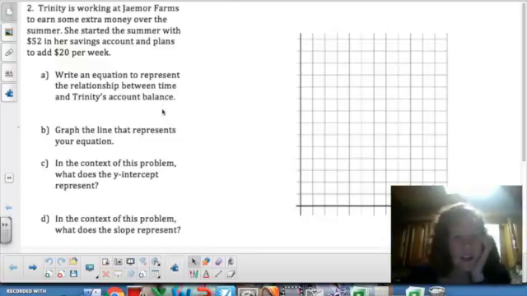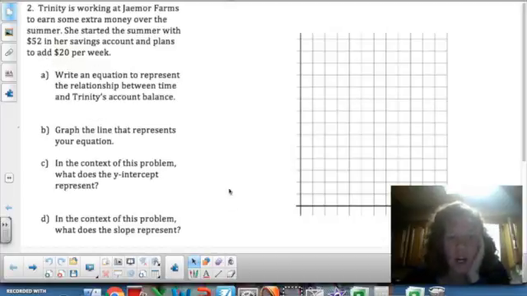Trinity is working at Jaymore Farms to earn some extra money over the summer. She started the summer with $52. Most of the time you're going to be given some sort of starting value. That's going to be your constant every single time. So she started the summer with $52 in her account and plans to add $20 per week.